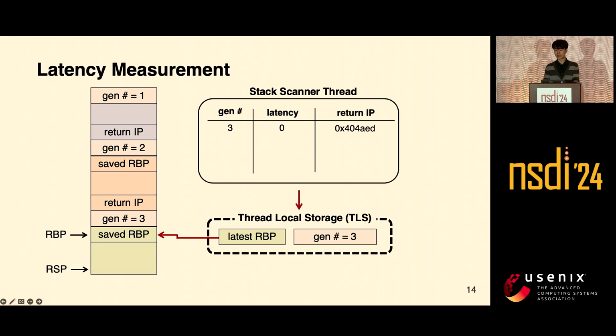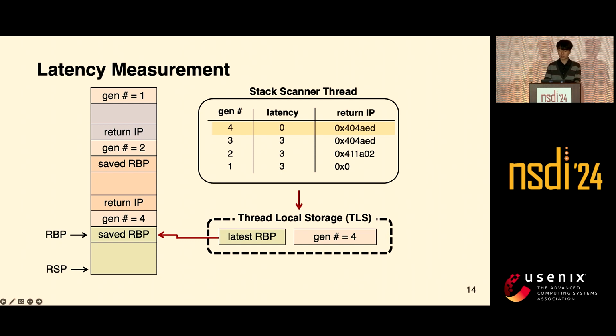For a stack frame with a generation number sampled for the first time, the stack scanner creates a new entry with 0 latency and the corresponding return IPs, and keeps traversing the stack frame until it reaches the main function. From the following iteration, as long as the latest RBP and the generation number in the TLS stay the same, the stack scanner thread increments the latency of all the entries by the elapsed time, and keeps increasing the latency until it detects changes in the thread local storage.